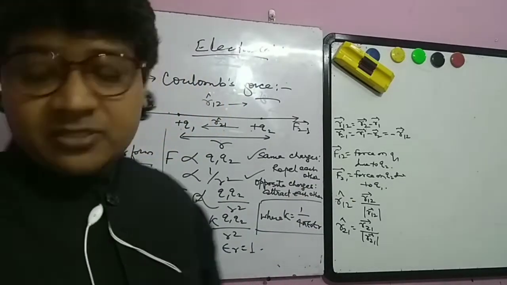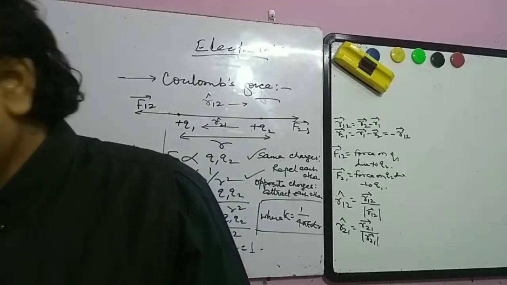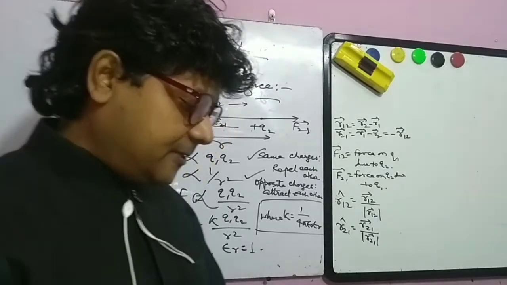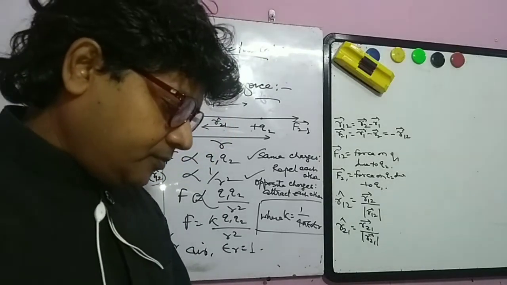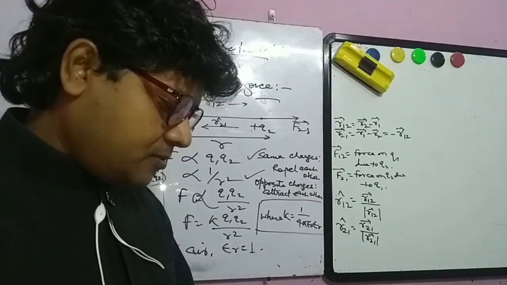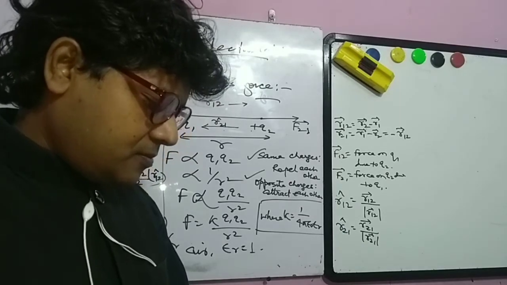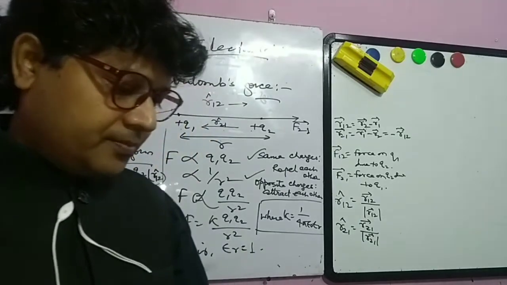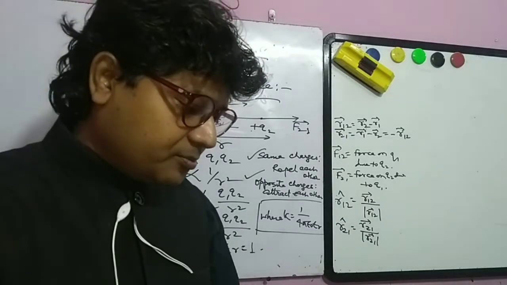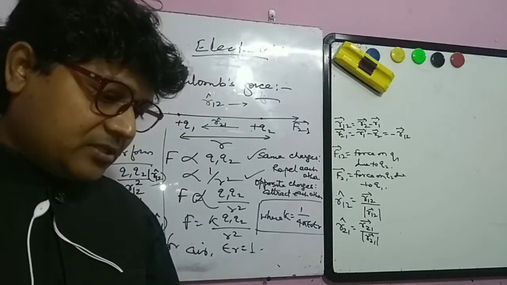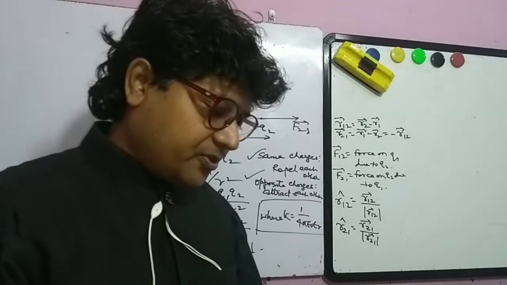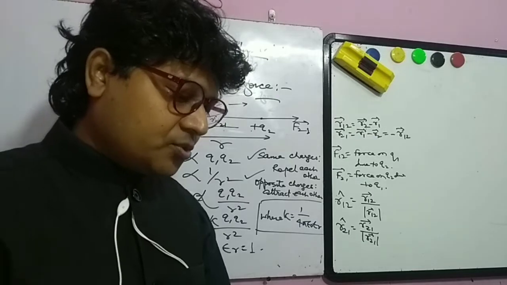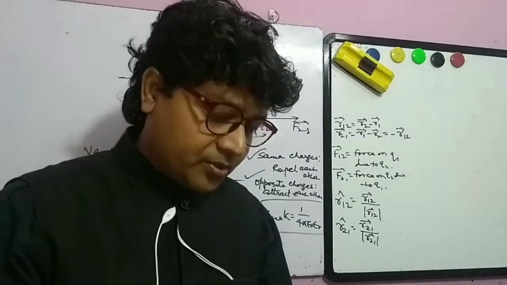So first problem, I'd like to share the first problem. Two similar identical metal spheres A and B repel each other with a force of 2 into 10 to the power minus 5 Newton.